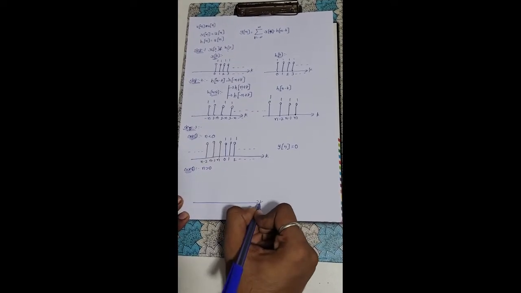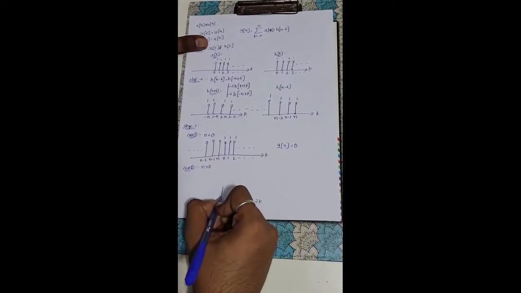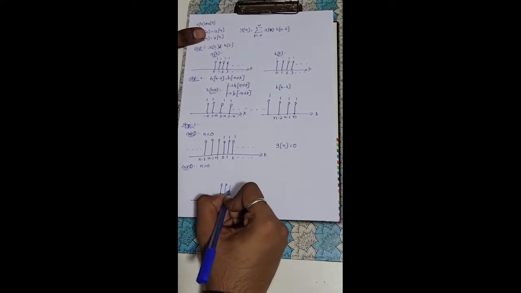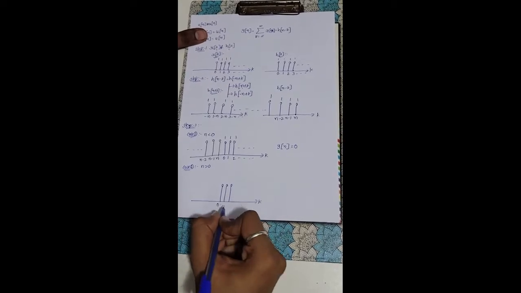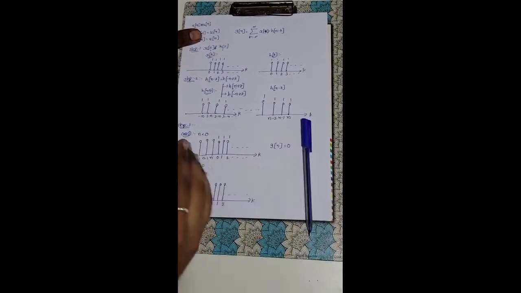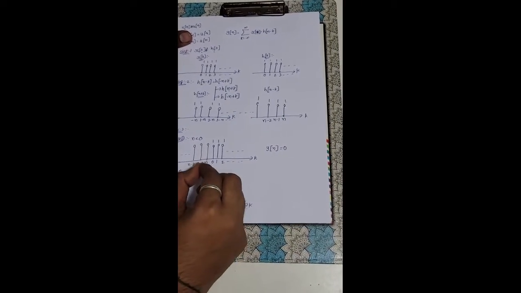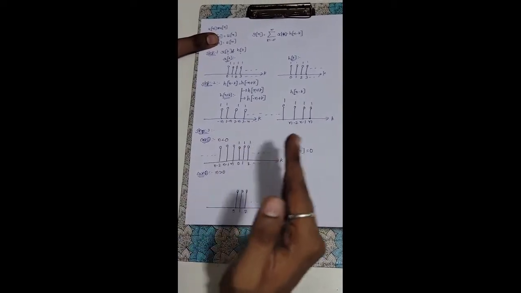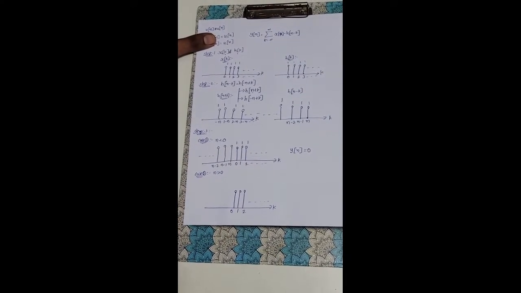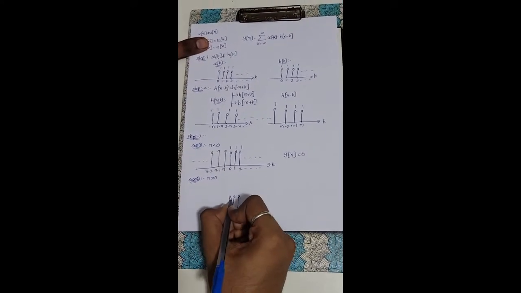For n greater than 0, first we will draw x of k. This signal will start from 0 and go to infinity. Depending upon the n values, this h of n minus k signal will come like this.